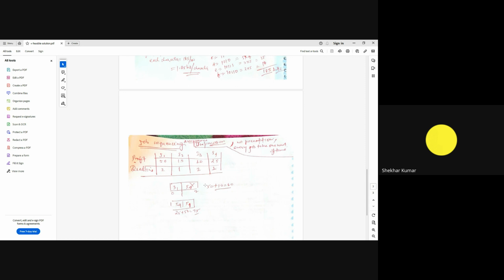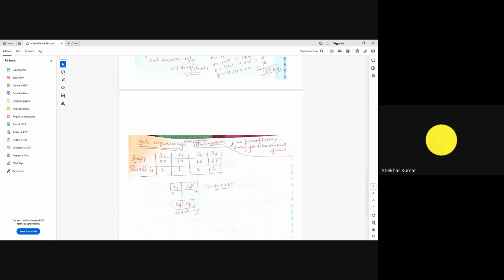I have arranged all the jobs in descending order of their profits. In the third step, I select the jobs with the highest profit and their time periods, their deadlines, not exceeding the maximum deadline.